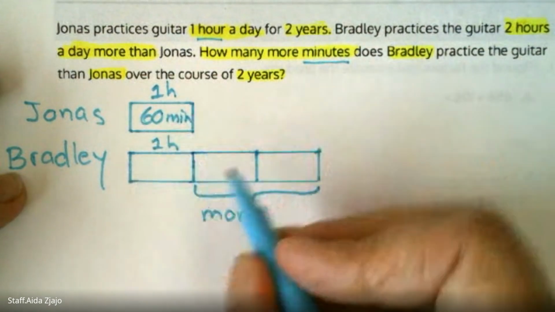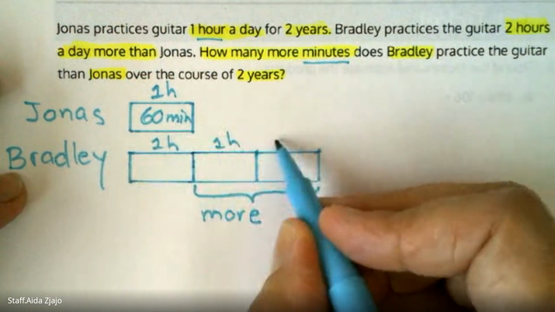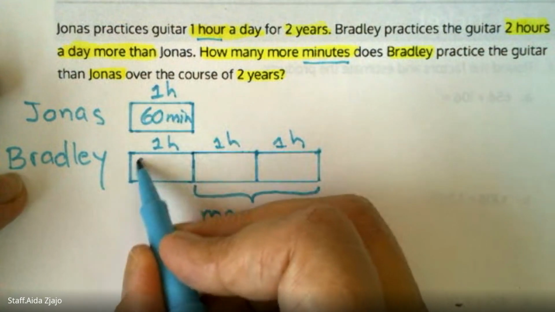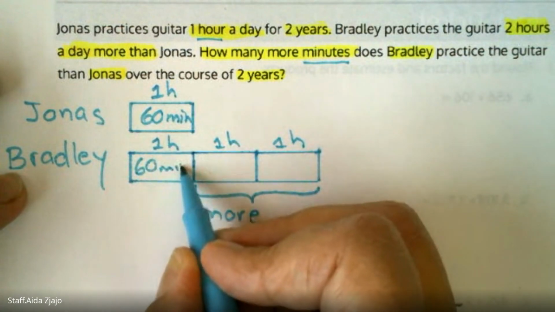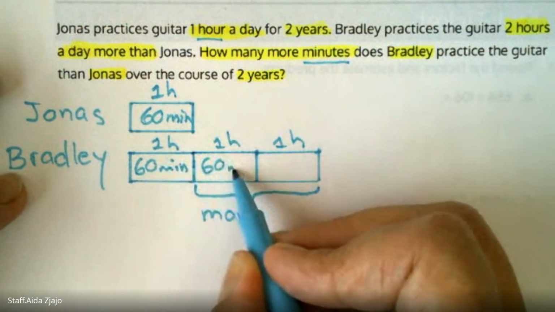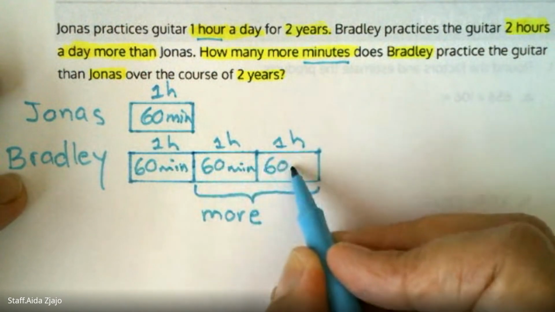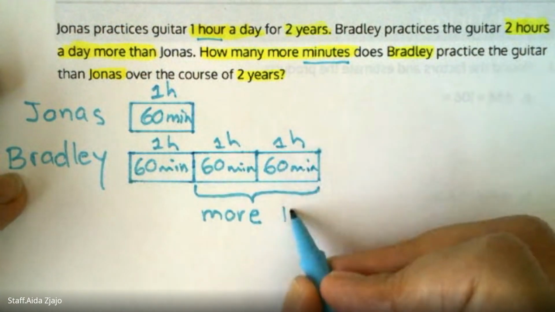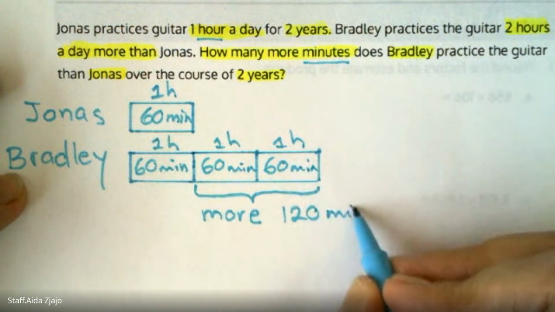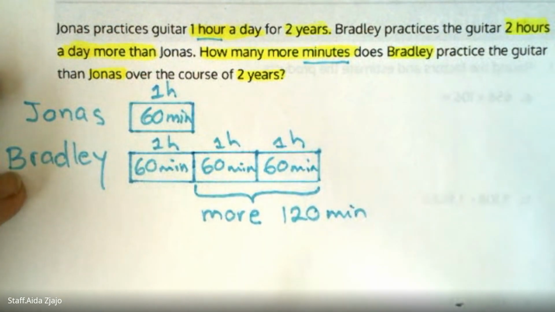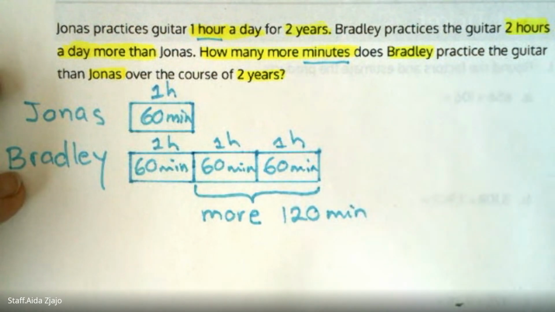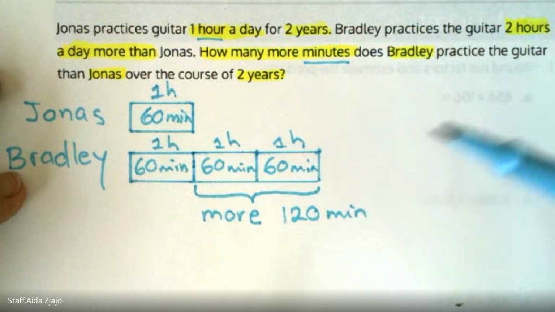So if this is an additional 2 more hours, that means this is also 60 minutes plus 60 minutes plus 60 minutes. So more is 120 minutes. Thinking about minutes per day, he did 120 minutes more.